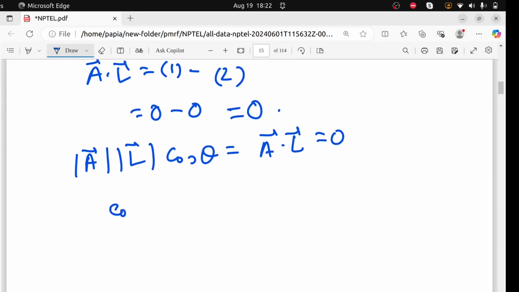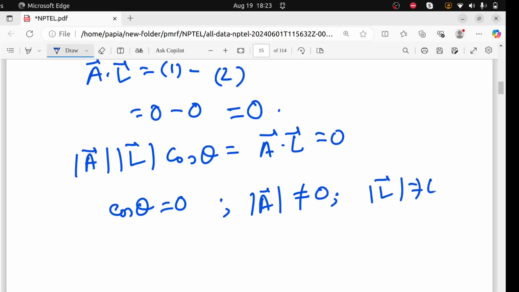So cos theta equals 0 because mod A is not equal to 0 and mod L is not equal to 0. So theta equals 90.